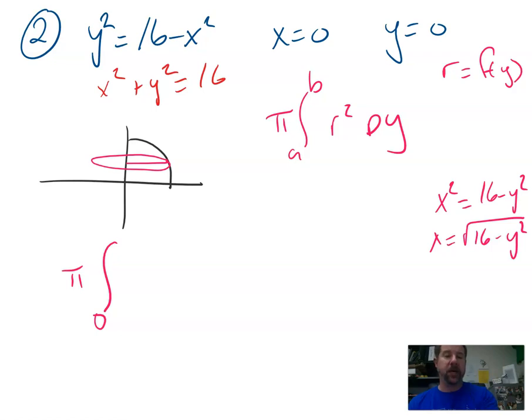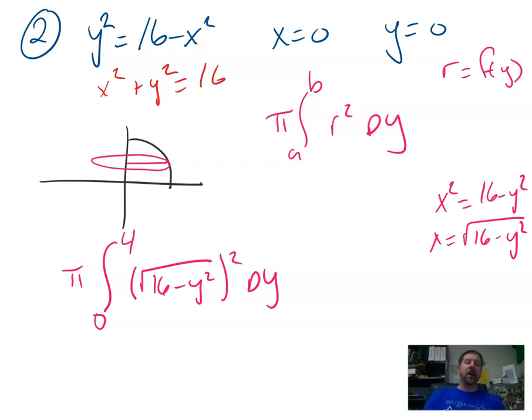Again, this is x squared plus y squared equals r squared, r in this case being the radius. The radius of the circle is 4, so that would go up to 4. The radius of our disk, because we're doing the disk method, is the square root of 16 minus y squared, dy. You notice this happens a lot. It works out nicely for us. Square roots and things like that, your arithmetic should work out nicely.